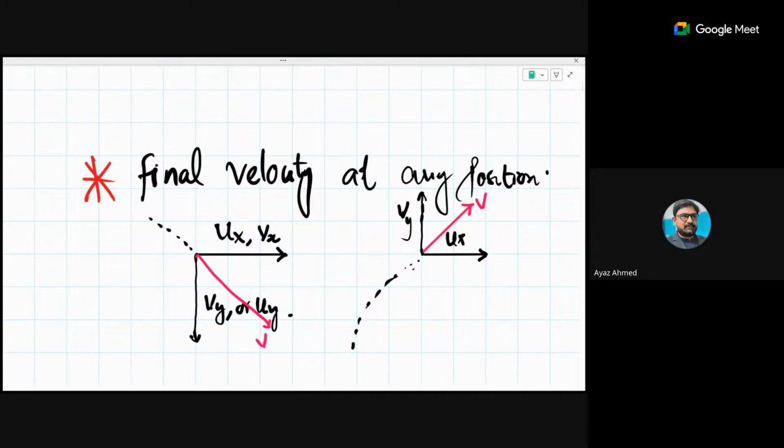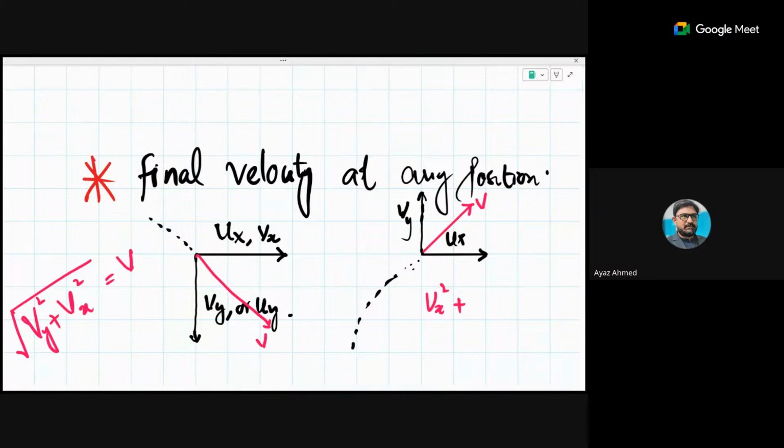So we can simply calculate the resultant velocity. How? The resultant velocity can be calculated using Pythagoras: Vy square plus Vx square, square root, equals V at any time. At any time, you can find the velocity by this method. Here again, you have ux, whatever the horizontal velocity is, its square plus, because it would remain the same. I am using ux and vx simultaneously because horizontal velocity does not change; the only thing which changes is your vertical velocity.